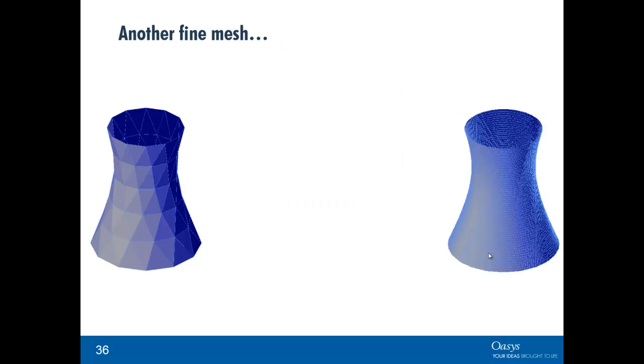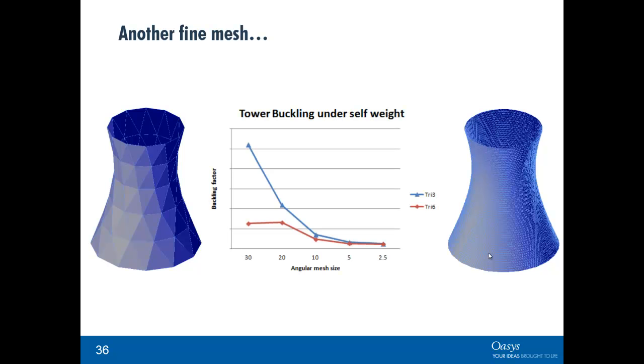Here's another example. This is a buckling analysis, covered in more detail in one of the blogs on the website. Similarly, it's looking at buckling of a hyperbolic cooling tower. Mesh density on the left is low. Mesh density on the right is high. When you compare the results of the buckling load factor as you increase the mesh density, you can see there's quite a correlation.